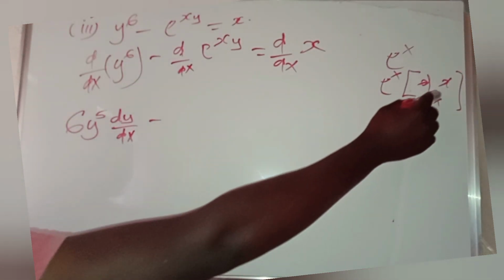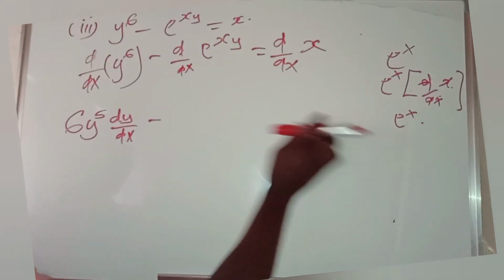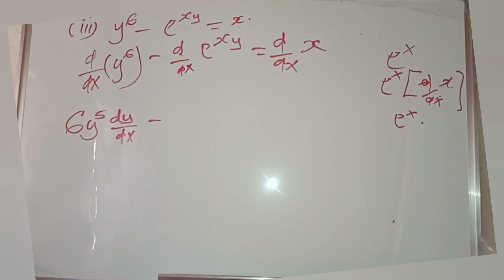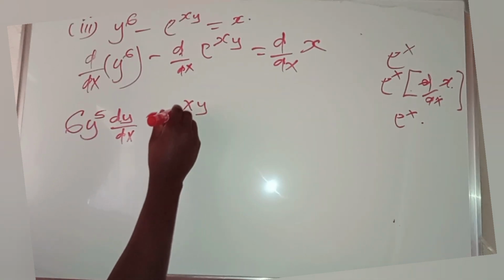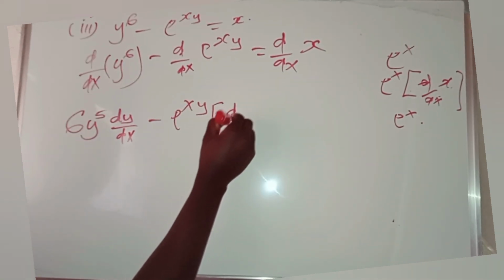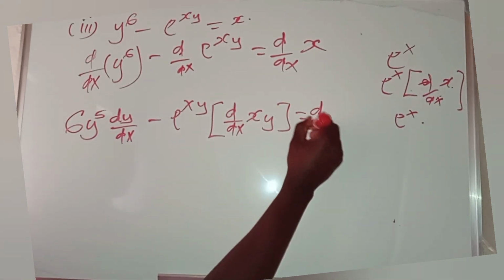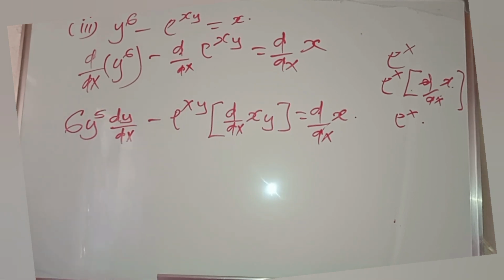The derivative of x is 1, so the same criteria follows under this. So the derivative of e raised to the power xy will be e to the xy, then you find the derivative of xy, multiplied by the derivative of x. Are we together?